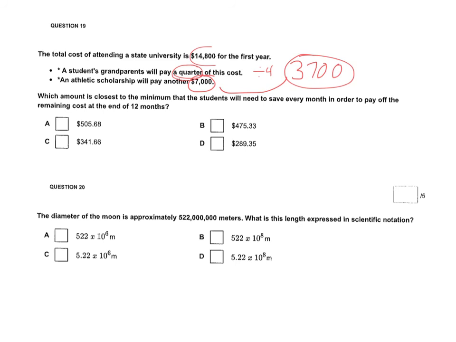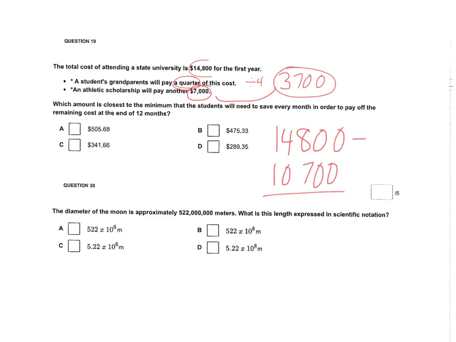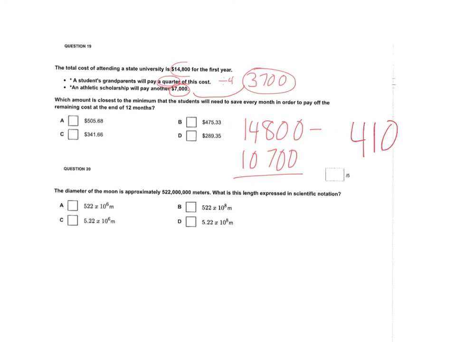$7,000. So we're going to add those two dollar amounts together to see what we can take off of the first year of college. So the tuition minus what those two together were, which was 10,700. So 14,800 minus 10,700, and I get $4,100.